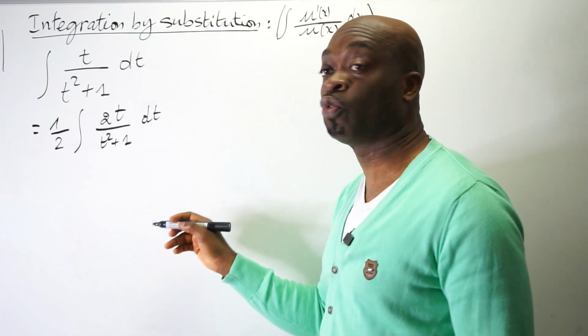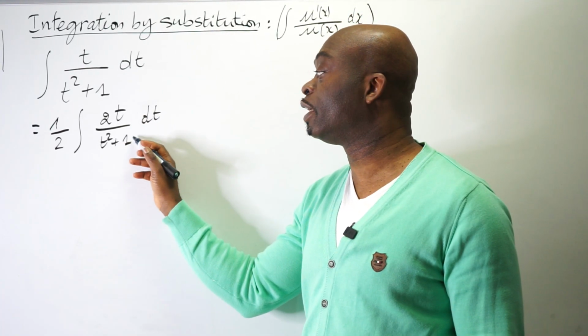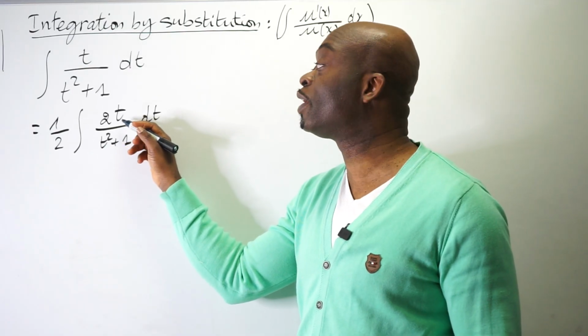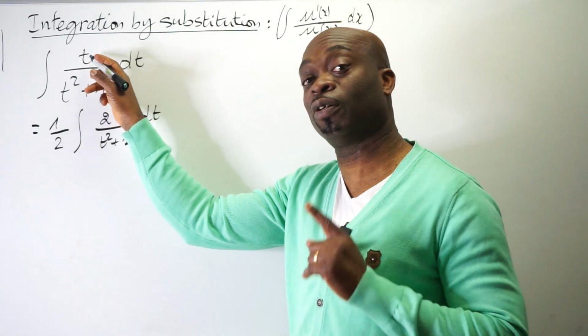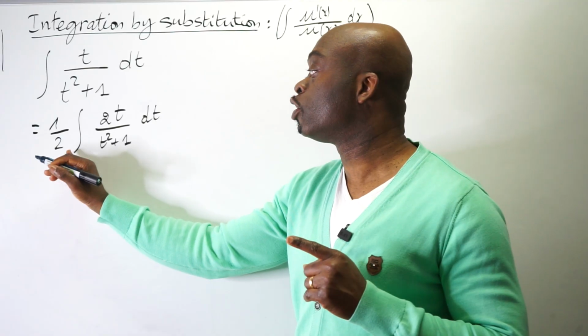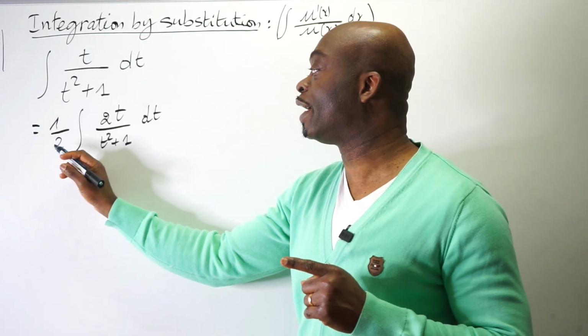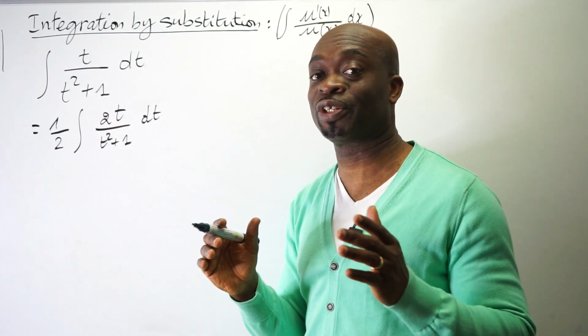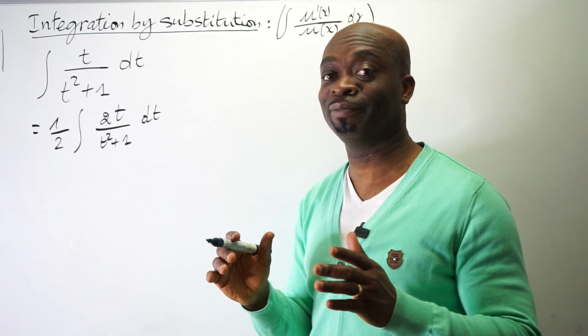The reason we do that is that the derivative of t squared plus 1 gives 2t. But because the original problem has only t in the numerator, you set up a half so that the 2 and the 2 simplify and you are back to the original problem, so that you never change the original problem.